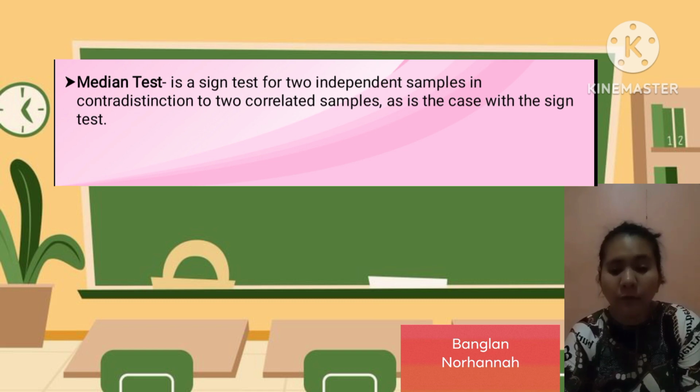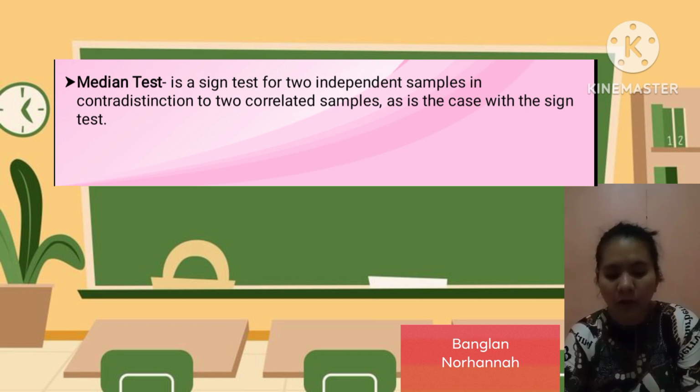To perform the median test, the following steps are typically followed. First, combine the data from the two or more independent samples. Second, calculate the median of the combined data. Third, divide the combined data into two groups based on whether the values are above or below the median.